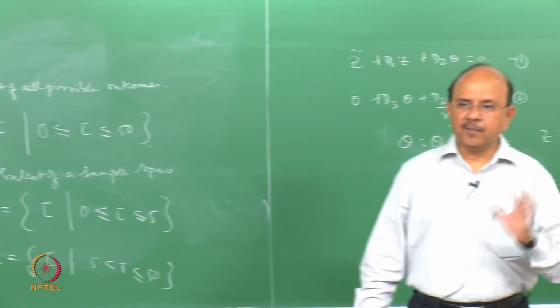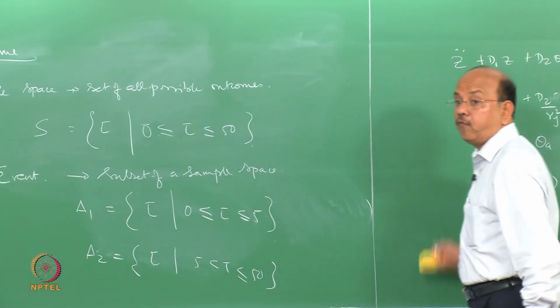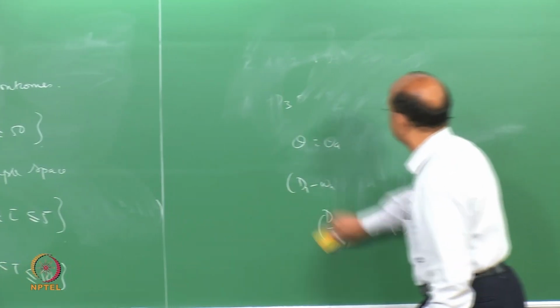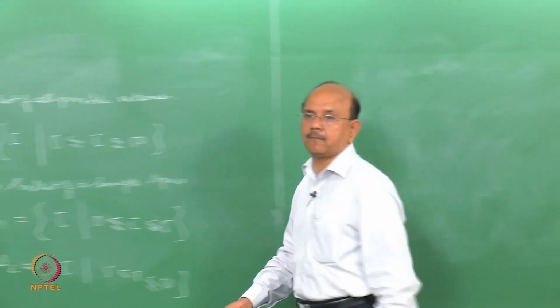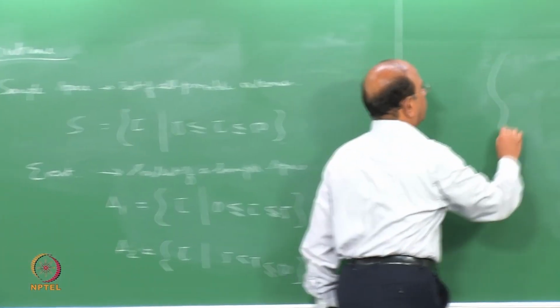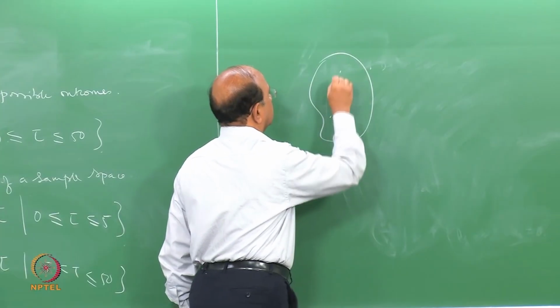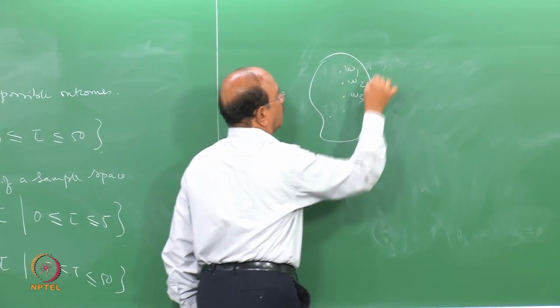Now a random variable, note this carefully, a random variable is a function. A random variable is not a variable in the strictest sense, but is a function which maps these events. Let me call that the event space. There are a number of events and so on.